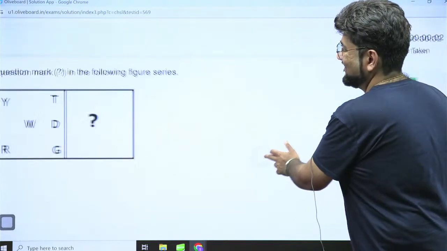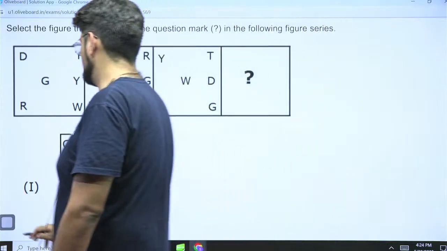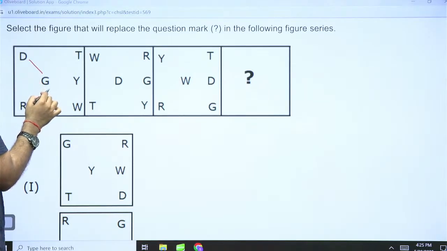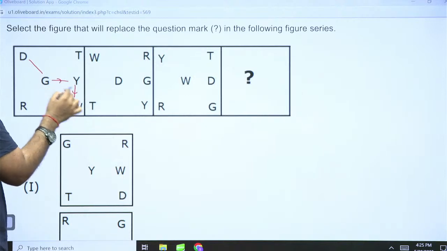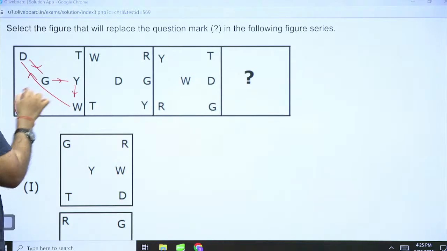21. Figure series. So this D is coming here. G is going here, Y is coming here, W is going on the top, and R and T are changing positions.